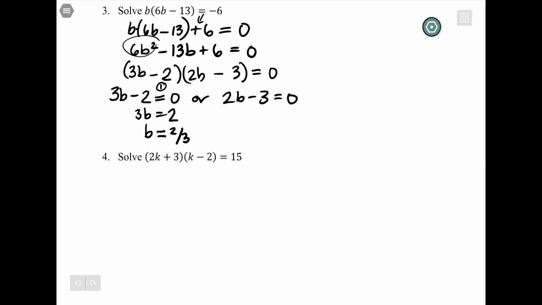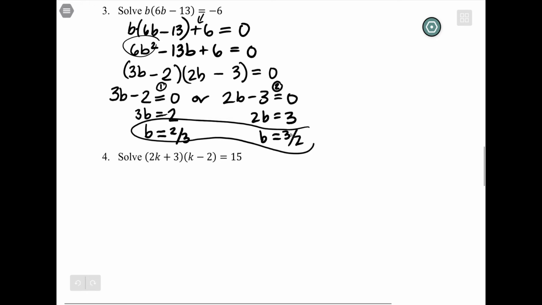So I promise not to be offended if you do write it, but if you're feeling comfortable, make it pretty. Equation number 2, I'm going to add 3 to both sides, and then I'm going to divide both sides by 2, and I get 3/2, and those are my solutions.